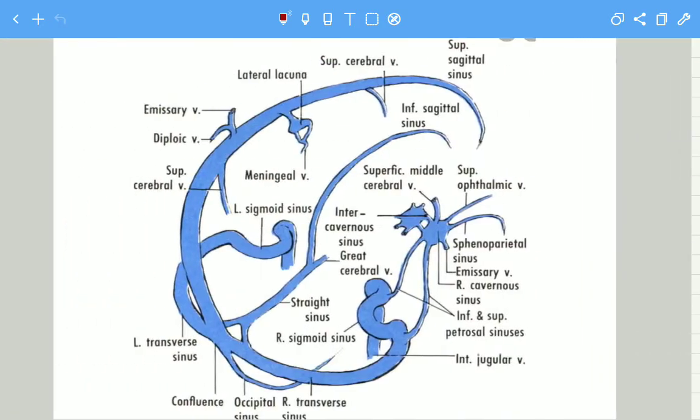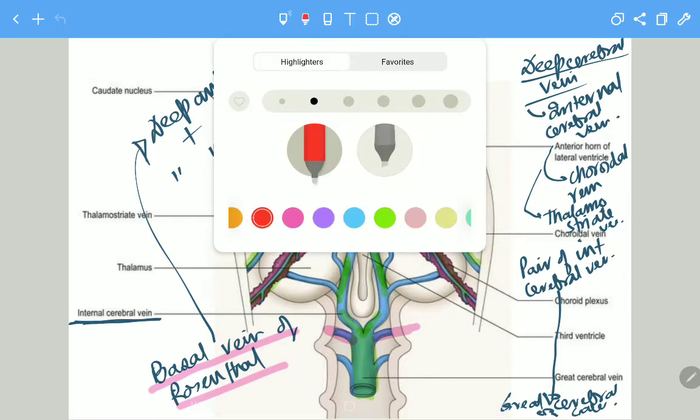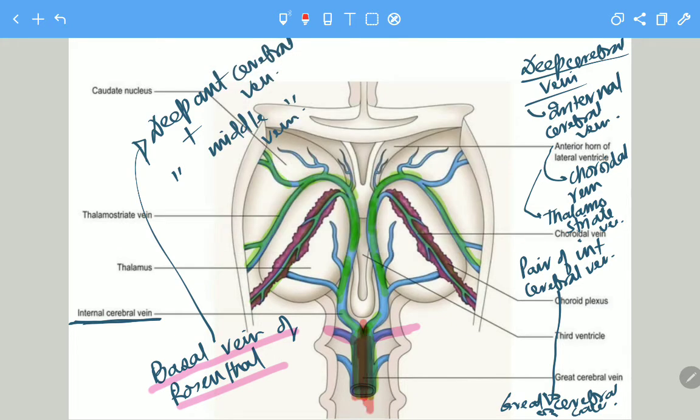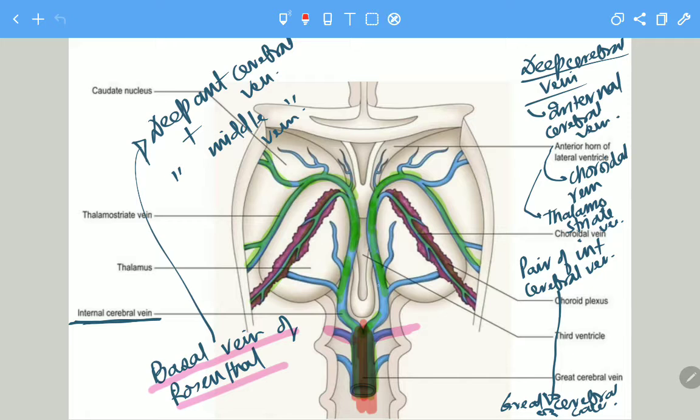If we go back and look at this picture, if I mark it with red color now, this is the great cerebral vein of Galen, which is formed by two pairs of veins. One is the internal cerebral vein, which is formed by union of the choroidal vein and the thalamostriate vein.